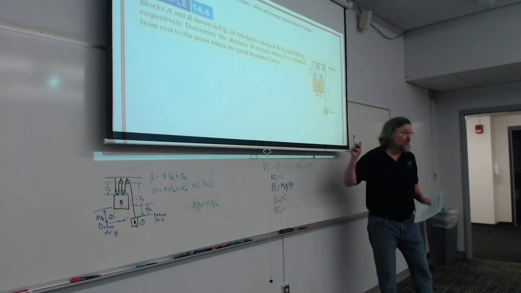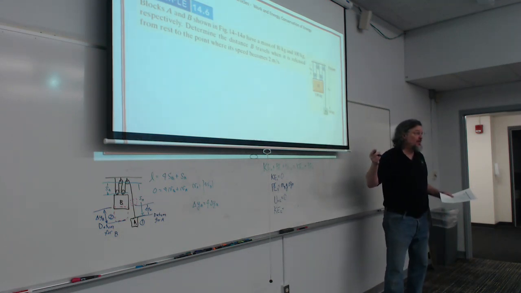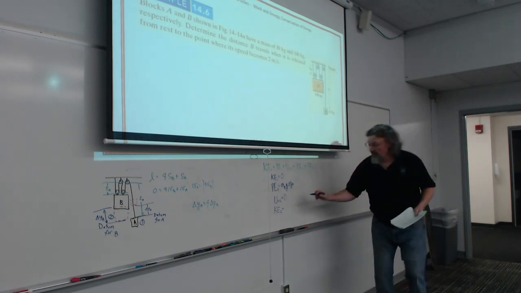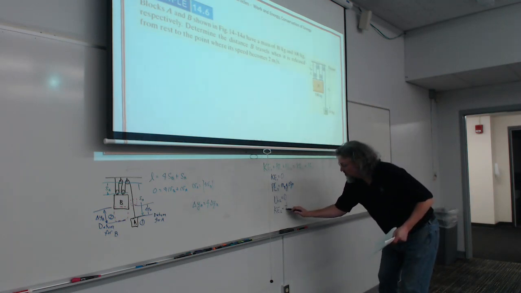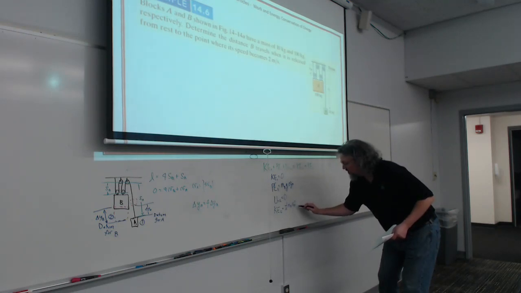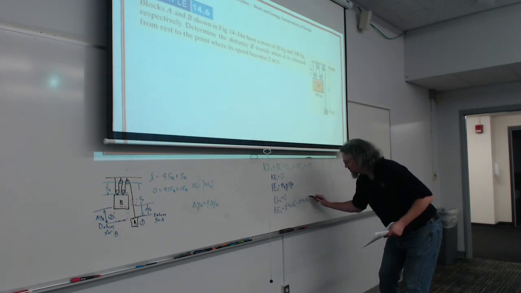Each particle, each box, has a kinetic energy. So we have 1/2 mB vB2 squared plus 1/2 mA vA2 squared.